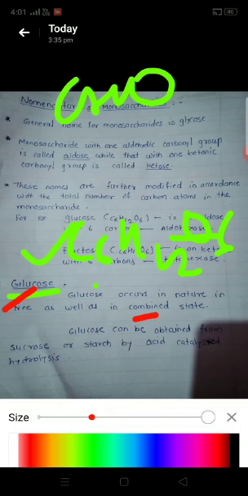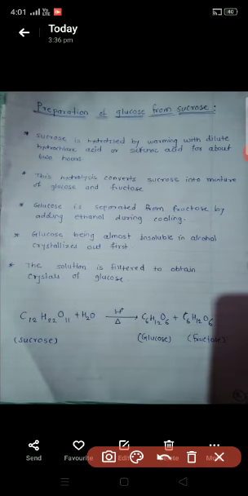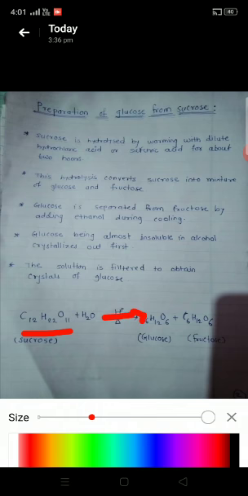Students, glucose can be prepared from sucrose or from starch by acid catalyzed hydrolysis. See here the preparation of glucose. Glucose can be prepared from sucrose, C12H22O11 plus water. This is an acid catalyzed reaction.